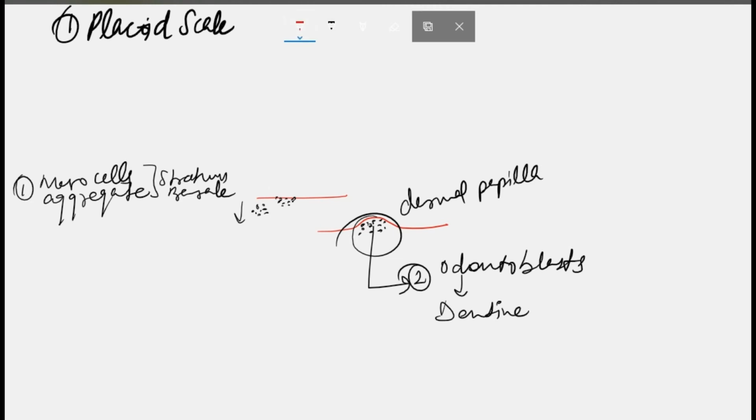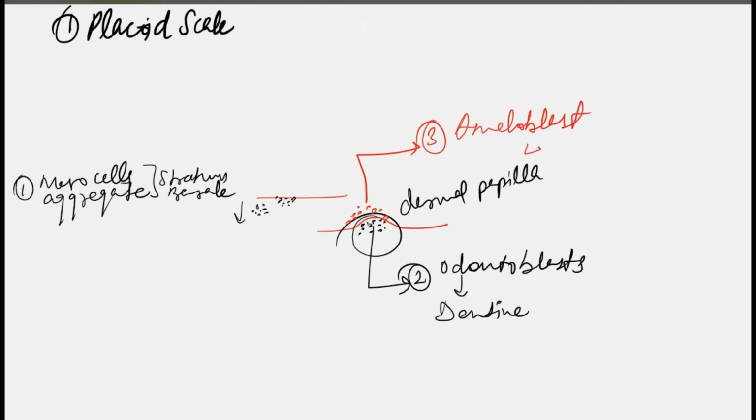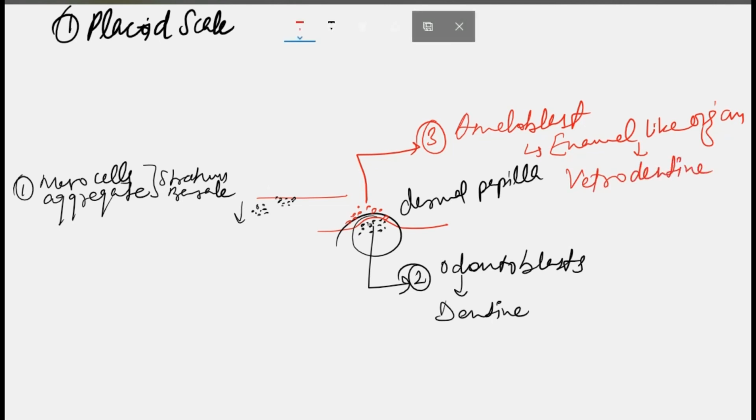Some cells above the epidermis, just above the stratum basale, are going to differentiate into ameloblasts, and they are going to form an enamel-like organ, which is going to secrete vitrodentine over this dentine, which has been secreted in the dermal region.